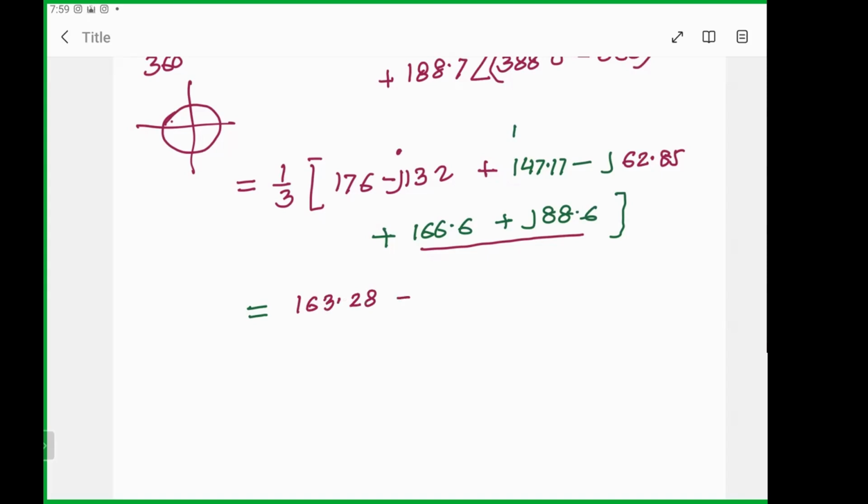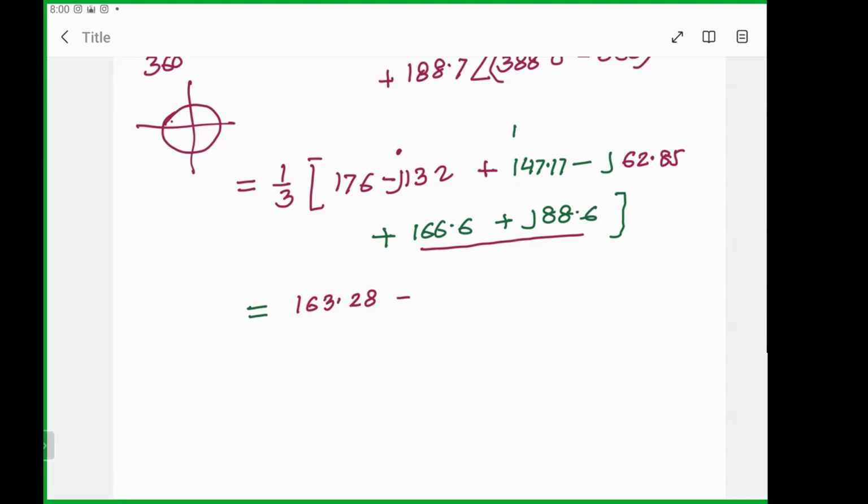And if I do the J part, it is minus 132, minus 62.85 and plus 88.6, divided by 3. I got minus 85.4.